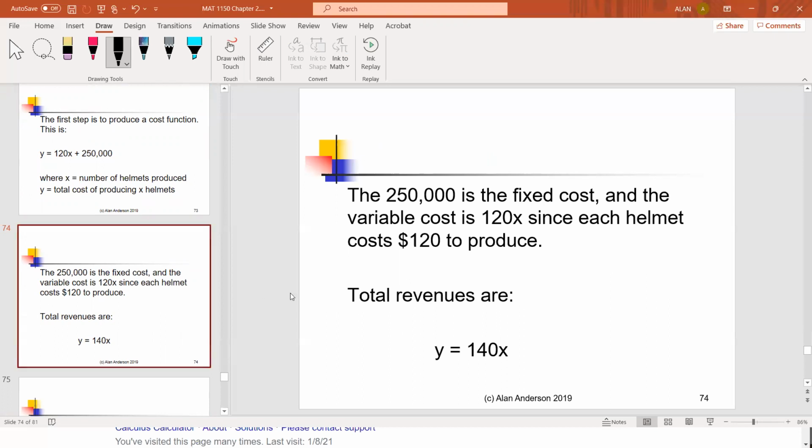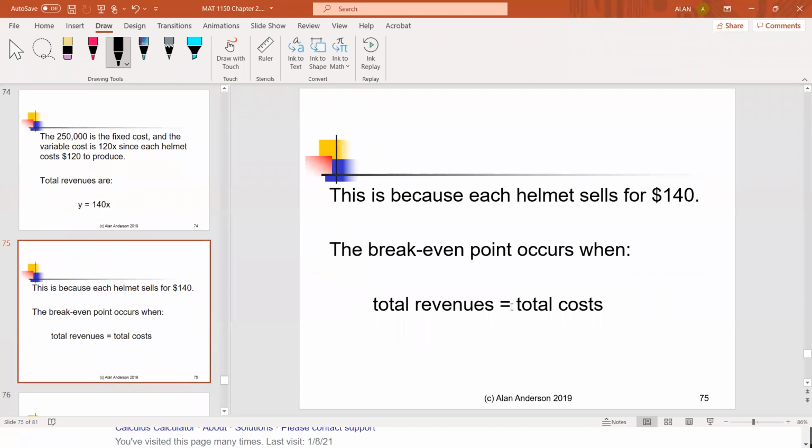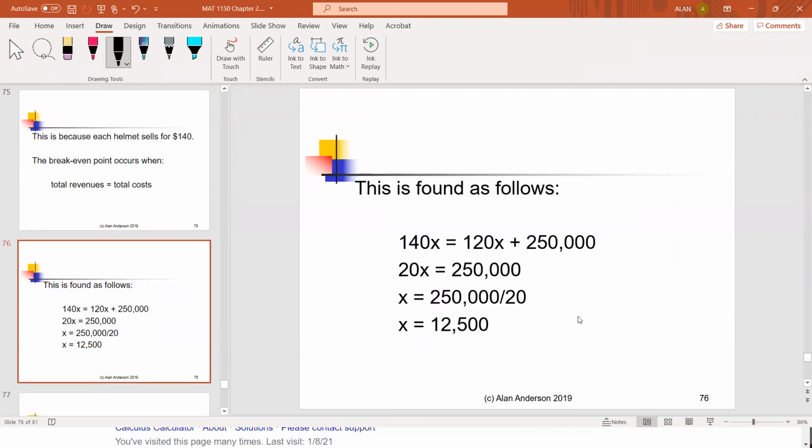So we want to know where we break even. In other words, what is the value of x at which the profits are equal to 0? So we set the total revenue equal to the total costs. We set these equal to each other, and there you go. If we sell 12,500 helmets, the cost of production will exactly match the revenues.